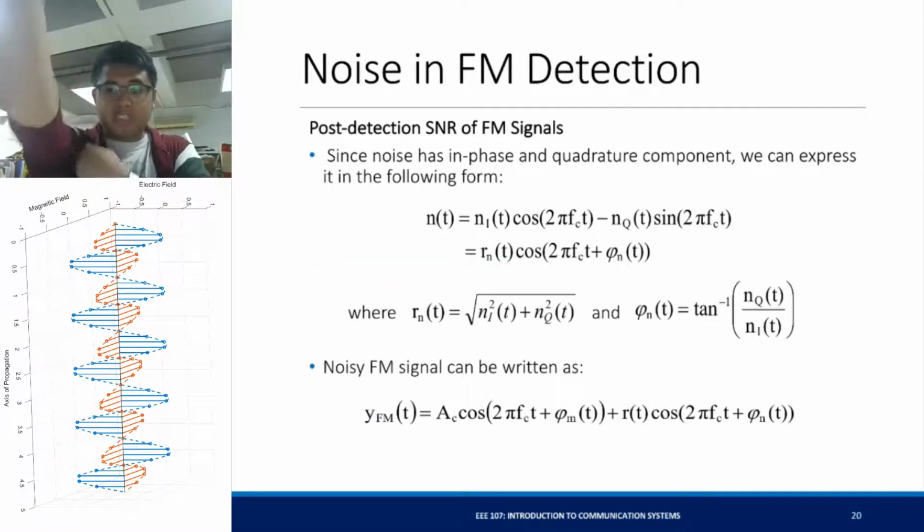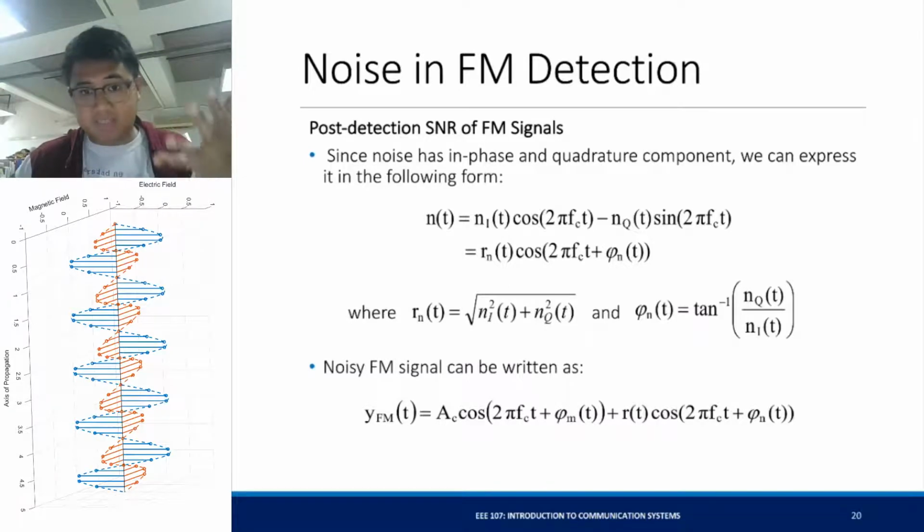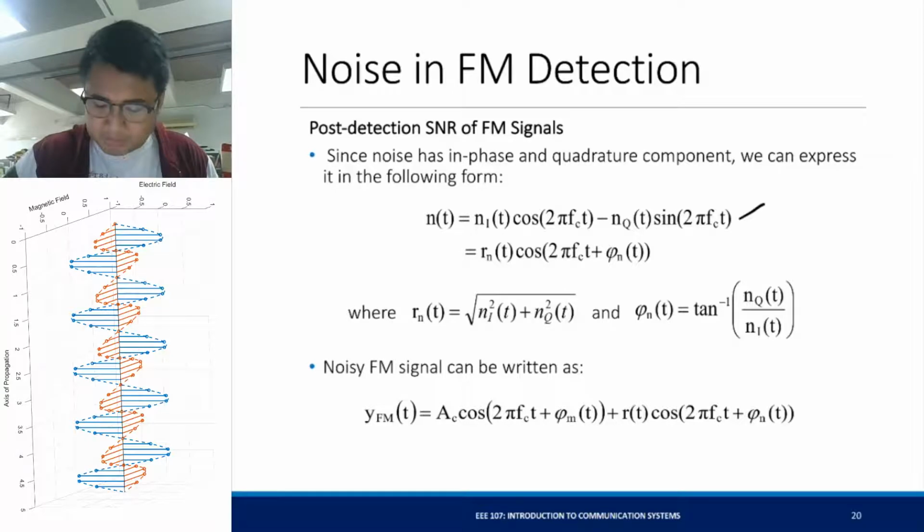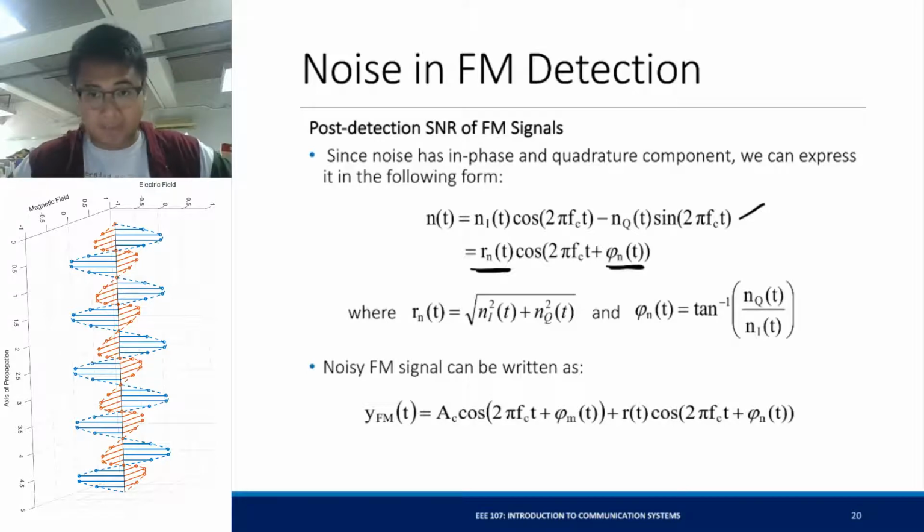In the post-detection of FM signals, since the noise has an in-phase and quadrature component, we can express it again in the following term. Instead of expressing it using the cosine and sine components, we can express it as having some amplitude and some phase that varies with time. This is from the identity of how we define the in-phase and quadrature components as components of a vector.